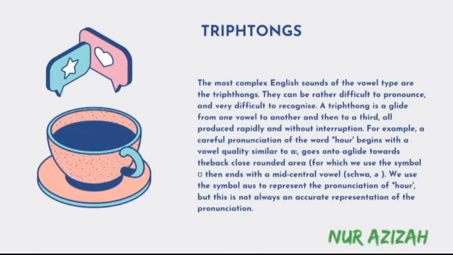For example, a careful pronunciation of the word hour begins with a vowel quality similar to A. Press on the A, then glide toward the back close rounded area. We use the symbol to represent the pronunciation of our, but this is not always an accurate representation of the pronunciation.